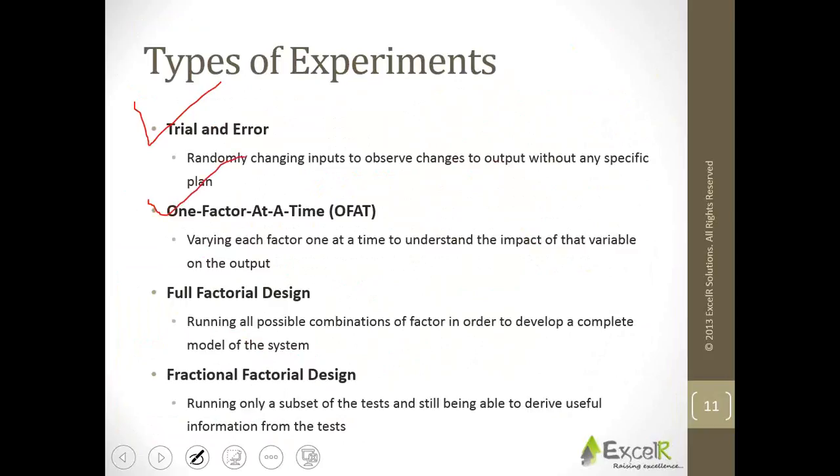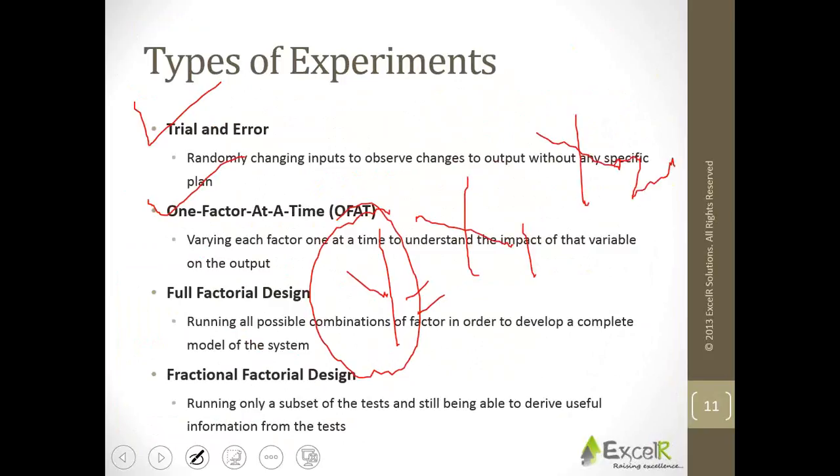Next thing is OFAT. One factor at a time. You vary each factor one at a time to understand the impact of that variable on the output. So in y is equal to f of x, right? In the example that we were seeing, the air conditioner performance, that is y, based on the number of people and the outside temperature.